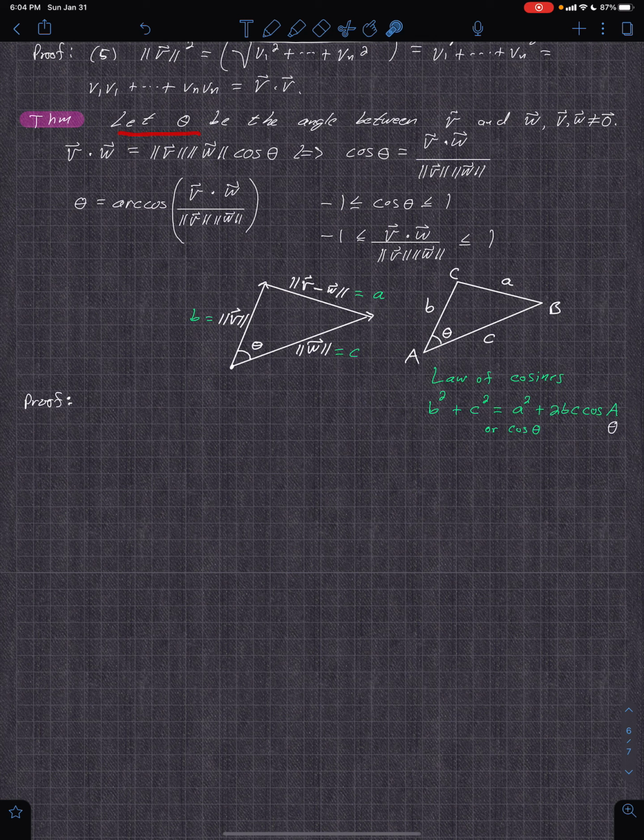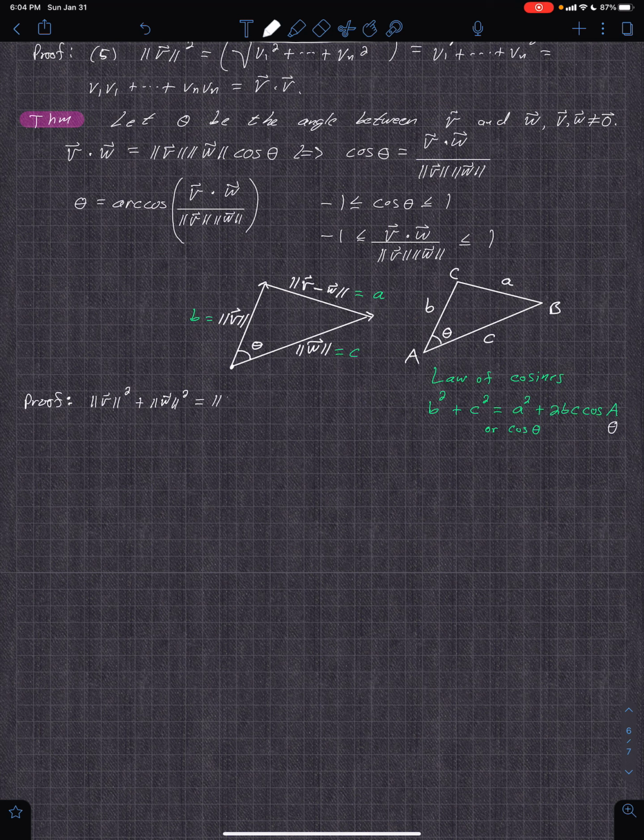So theta is the angle between them, V and W are in Rn, and we want to show this part. So we have magnitude V squared, right? So you're squaring those, plus magnitude W squared is equal to the opposite.